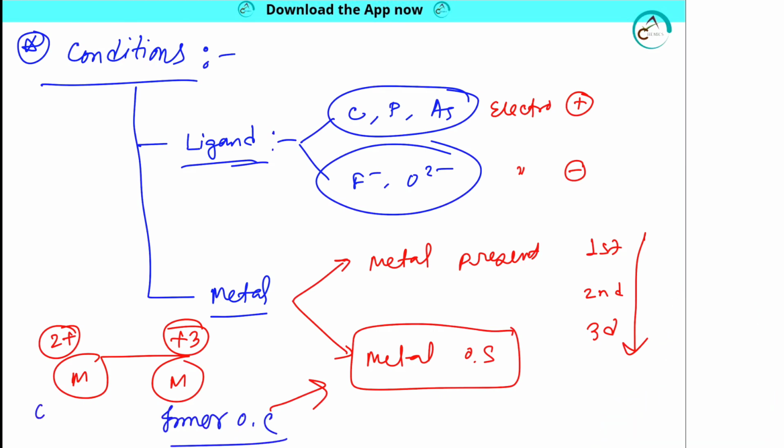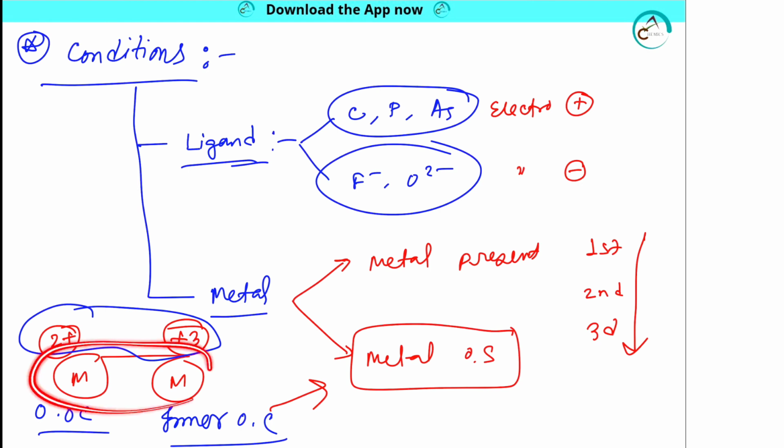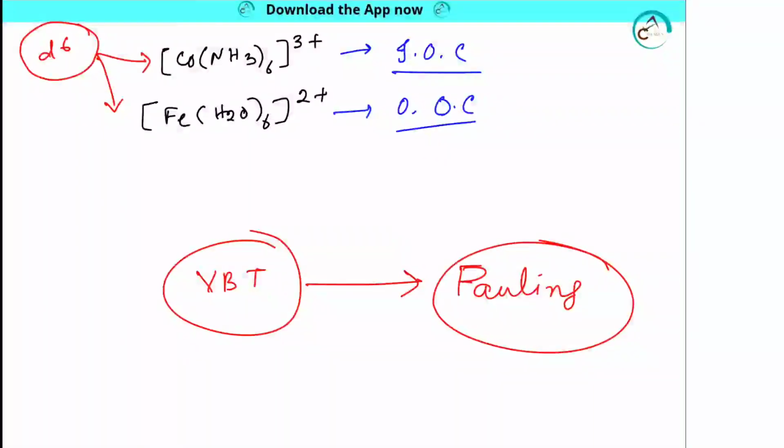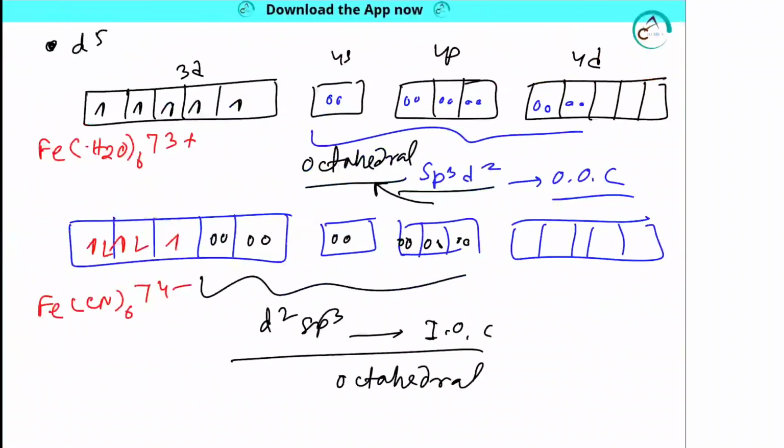IOC. But here of course OOC, outer orbital complex, because the metal is fixed, the ligand is fixed. Here the ligands are fixed, but the metals are different. Suppose it is chromium, it is also chromium, but here it is chromium 3+, here it is chromium 2+. With chromium 3+, the ligand will attack and force more, because it has more charge, so more attraction, and it can easily form this kind of complex.